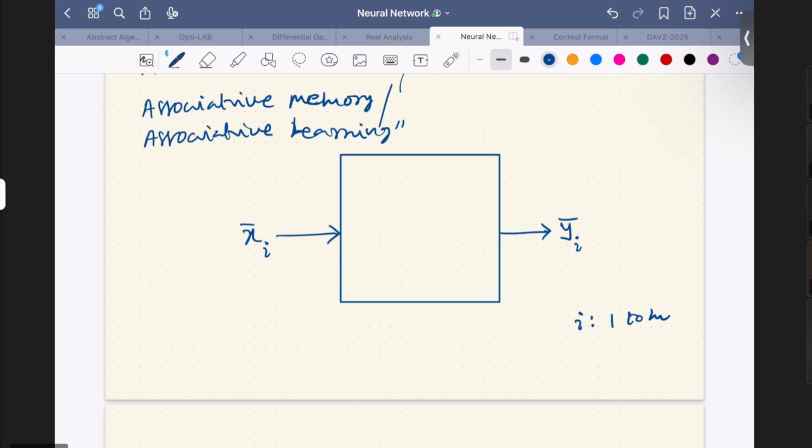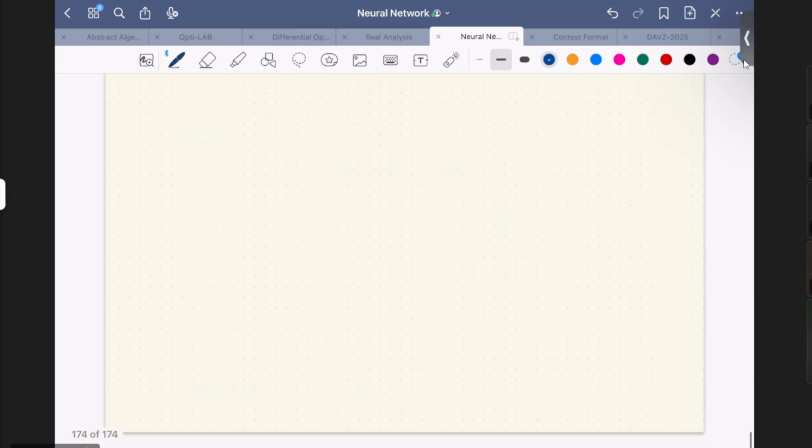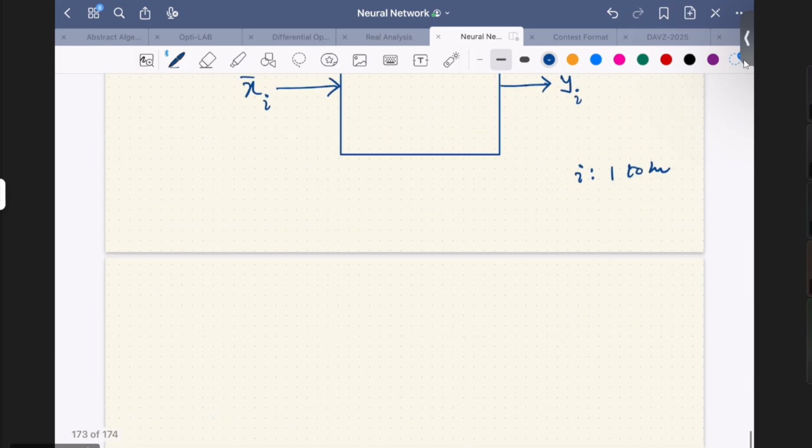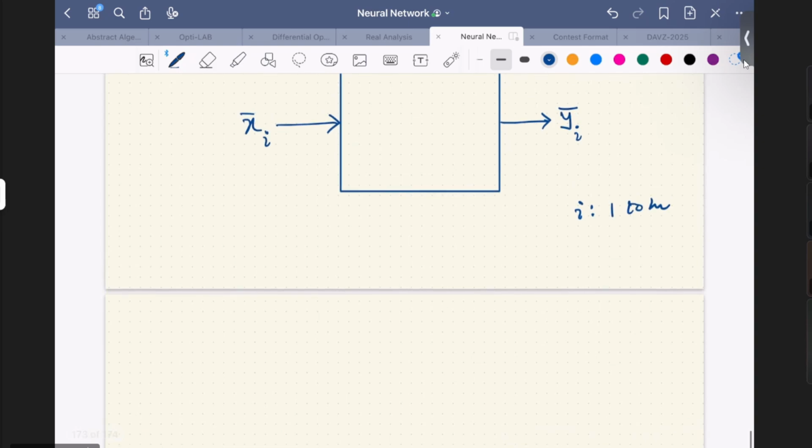We are trying to find out association, that means mapping. If I have m input vectors and m output vectors y1, y2, so let's say x1, x2, x3, and so on up to xm. These are not just numbers, these are the m input vectors.